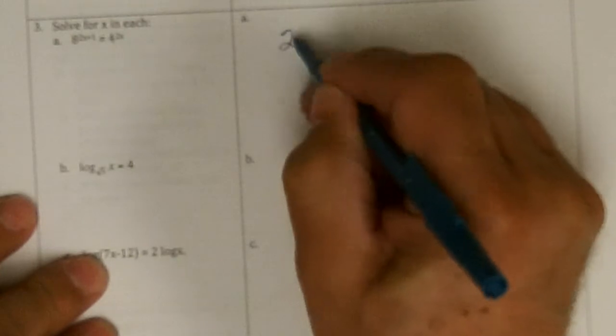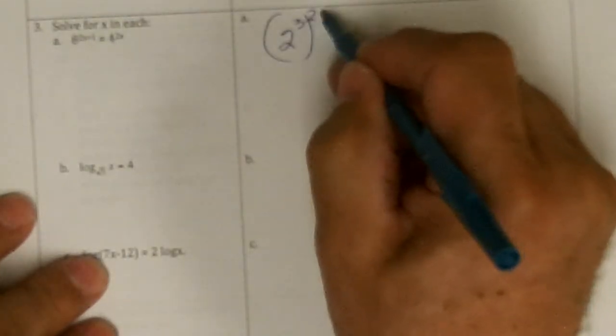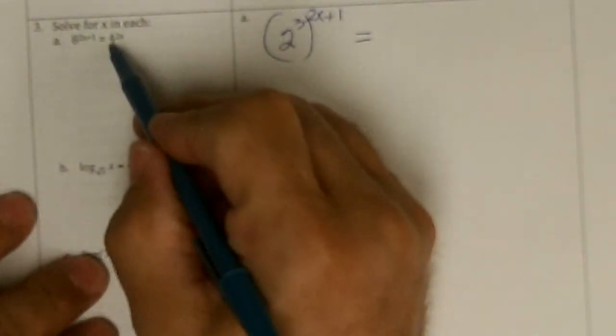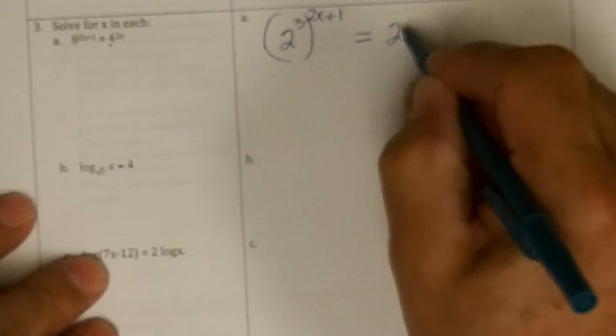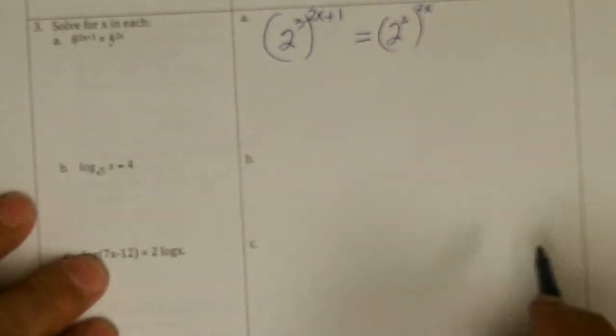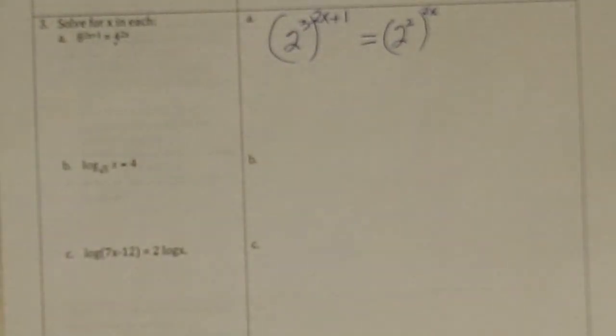Number 3, solve this. Well, 8 and 4 are both powers of 2, so I could say 8 is 2 to the 3rd, and that's to the 2x plus 1 equals, and 4 is 2 squared, and that's to the 2x. Same bases, so the powers must be equal.